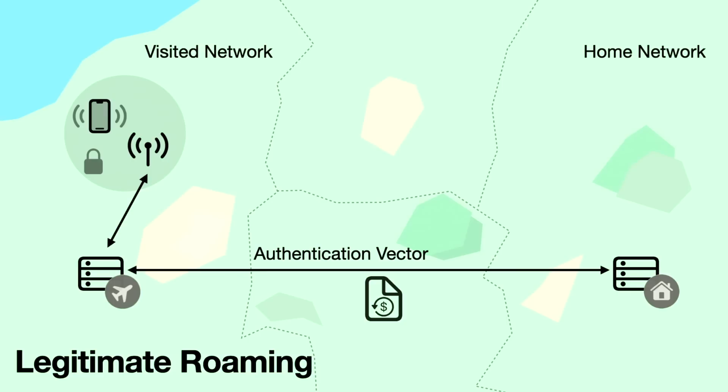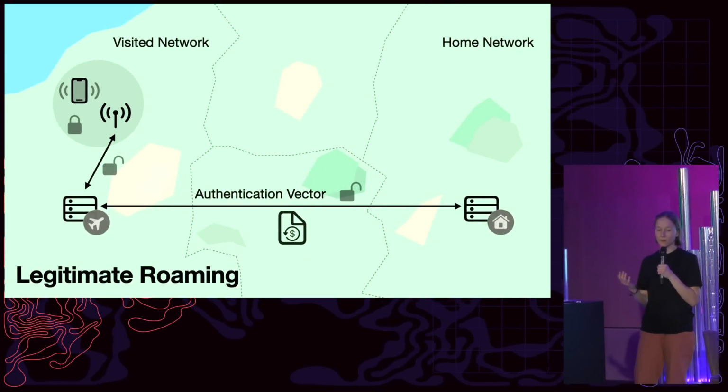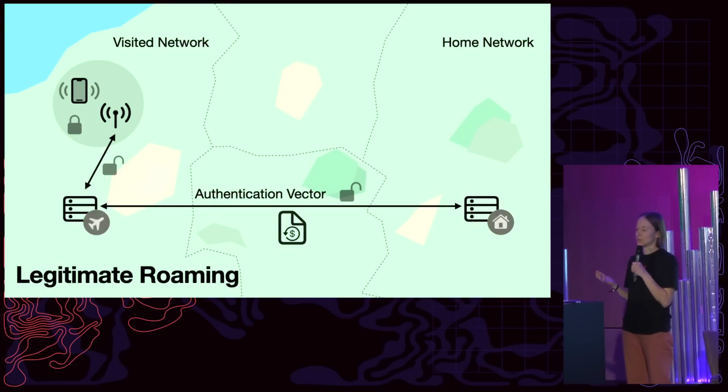So it's encrypted between the base station and the phone. And at the base station, it gets decrypted, and then it is transmitted in plain text to the home network. So in the scenario over here, the visited network is allowed to intercept the traffic of the user, but the home network can only read the traffic if the traffic really gets home routed, so if it traverses the home network.